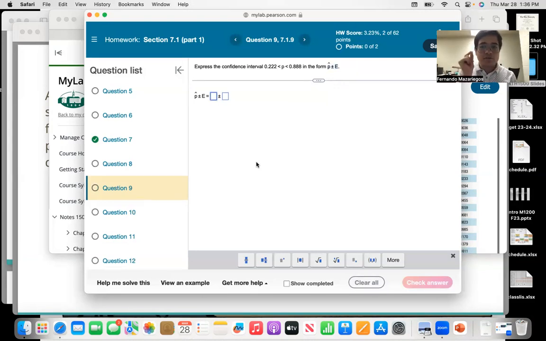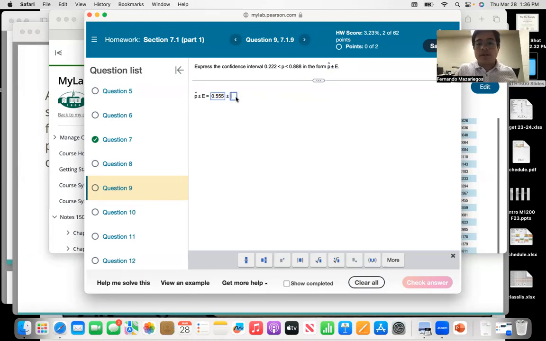So it's the point that is right in the middle between our 2 limits. So that is how we find it. We find the midpoint between 0.222 and 0.888. So we add them and we divide by 2. 0.555.